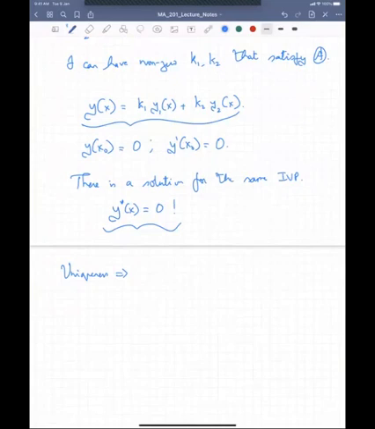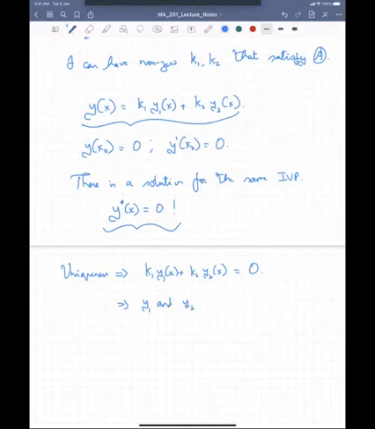That is what theorem 1 guarantees you, which means k1 y1 of x plus k2 y2 of x is actually equal to 0. And since k1 and k2 are non-zero, this simply means that y1 and y2 are linearly dependent.